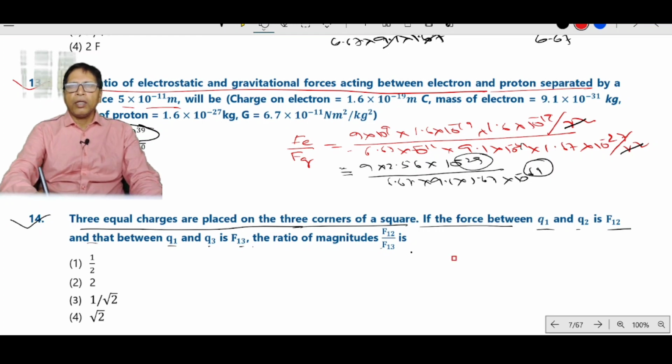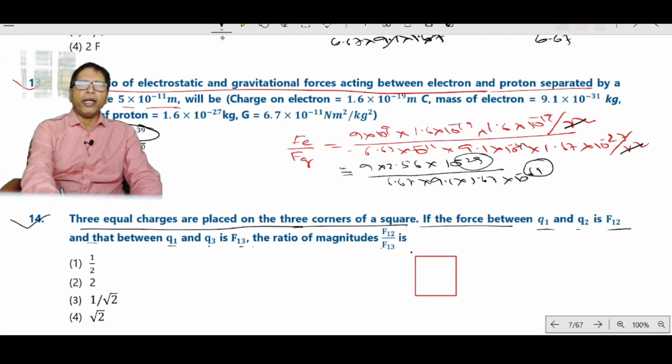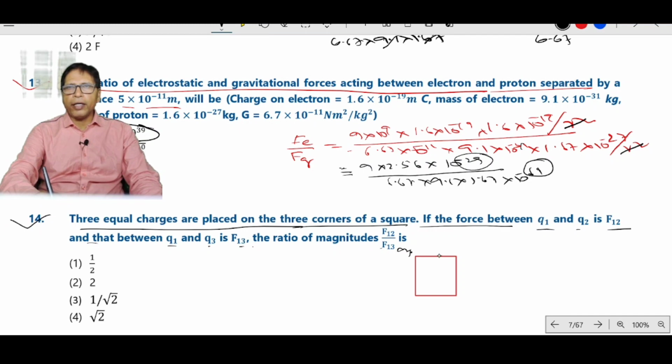Look at this square: this is Q1, this is Q2, and this is Q3. The distance of separation between Q1 and Q3 is root 2 times the distance of separation between Q1 and Q2. So the force is 2 times greater than the force between Q1 and Q3, because this distance is 1 by root 2 times the distance of this. So option 2 is correct.